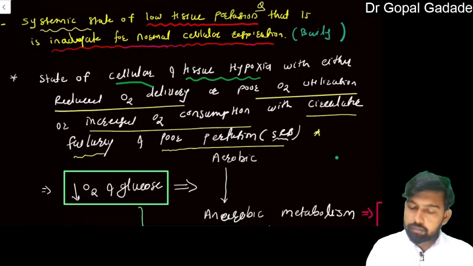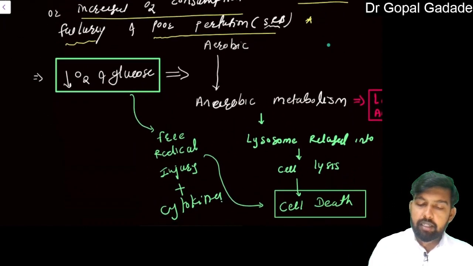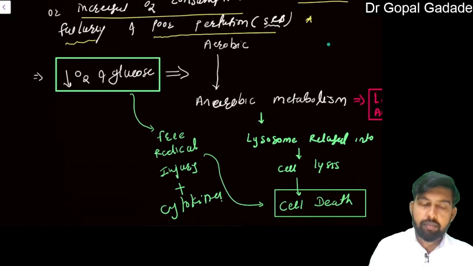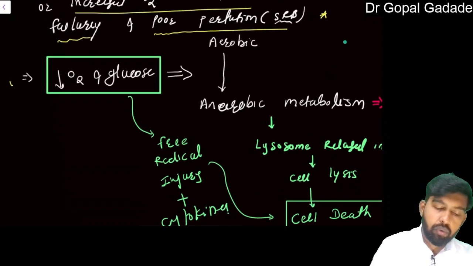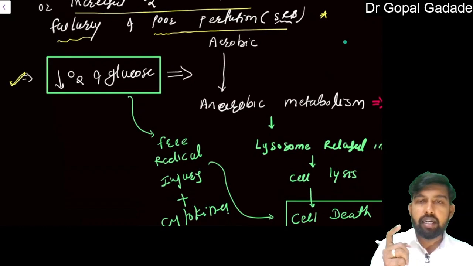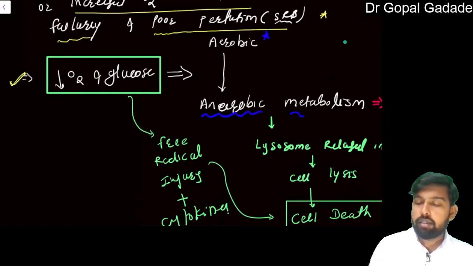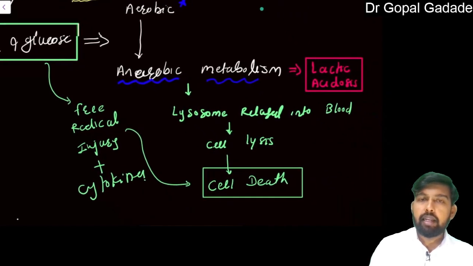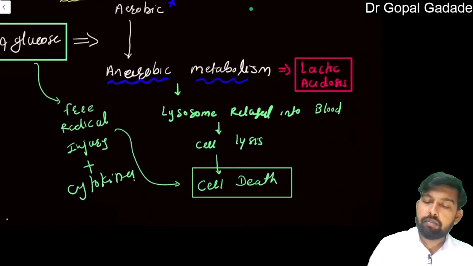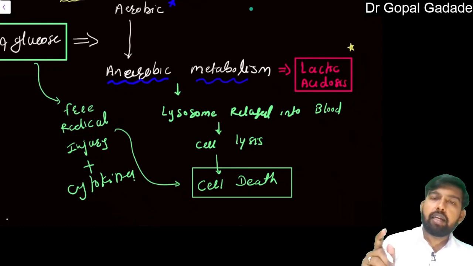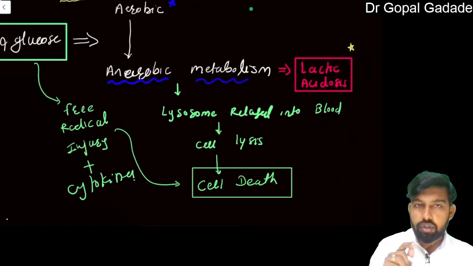So basically during the state of shock, there is reduced O2 and glucose concentration at the cellular level. So the aerobic respiration is converted into anaerobic metabolism. Because of this, there is production of lactic acid. So this may be a cause for metabolic acidosis in the case of shock.